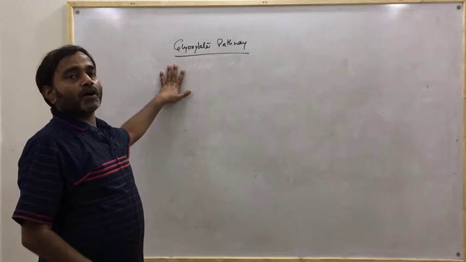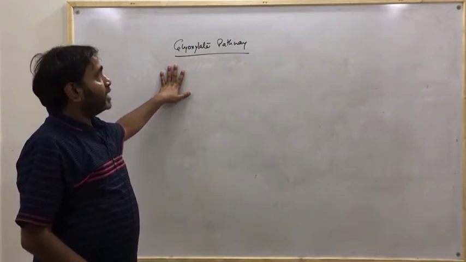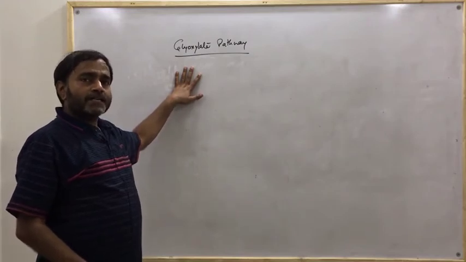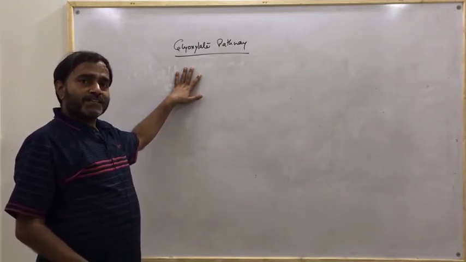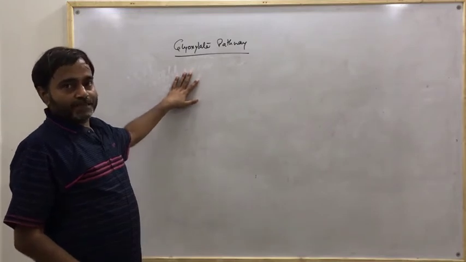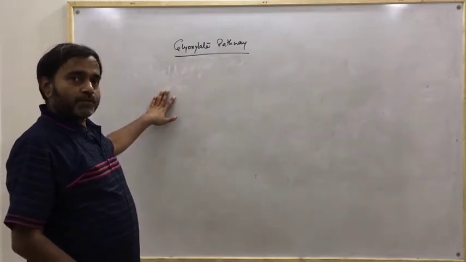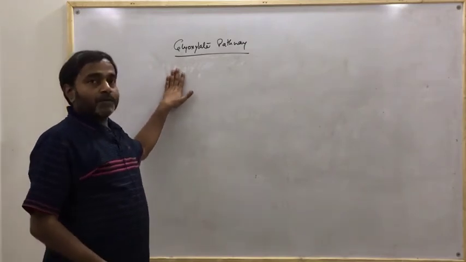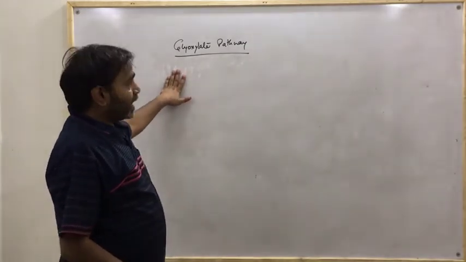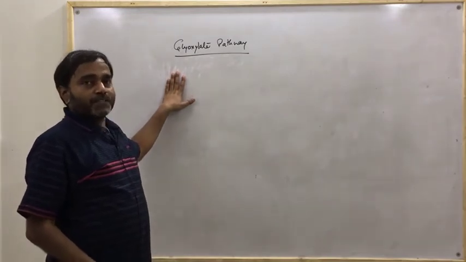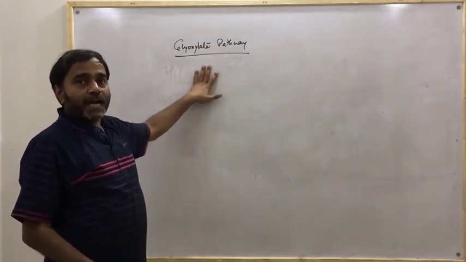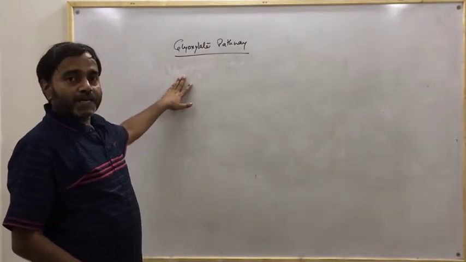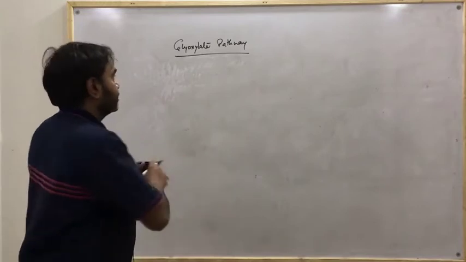Why? Because it does not occur in mitochondria, and the glyoxylate pathway is found to occur in plants, protists, fungi, bacteria, and many such organisms, but it does not usually occur in animals. And glyoxylate is a compound which is formed in an intermediate step of this pathway. That's why its name is the glyoxylate pathway, and it was discovered by Hans Kornberg.